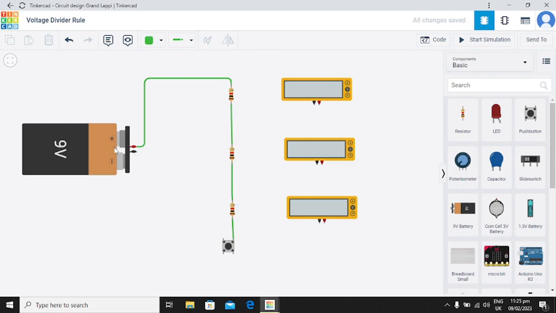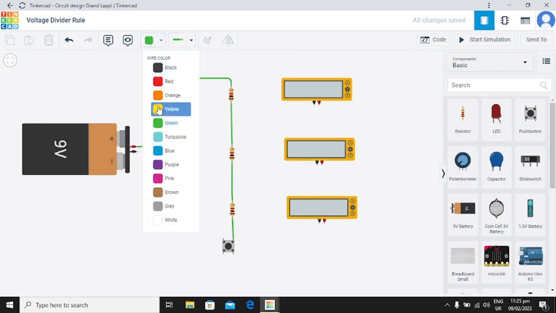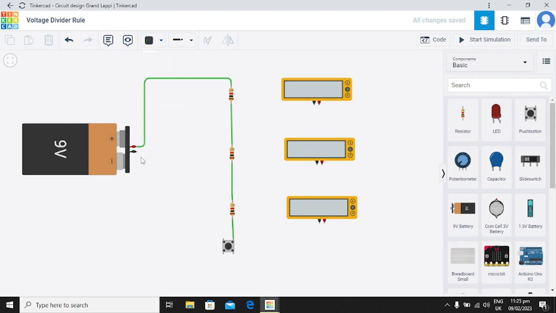So first, second, and third resistor have been connected, and now I'm going to change the color of wire, I'm using another wire.